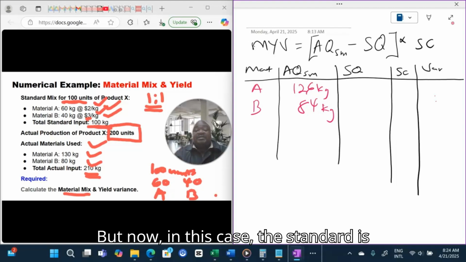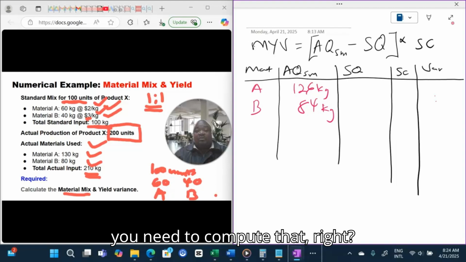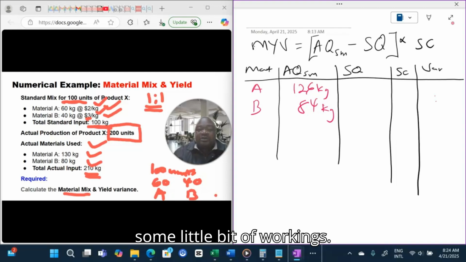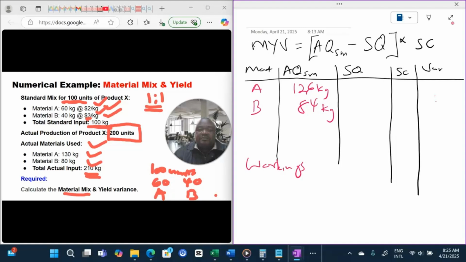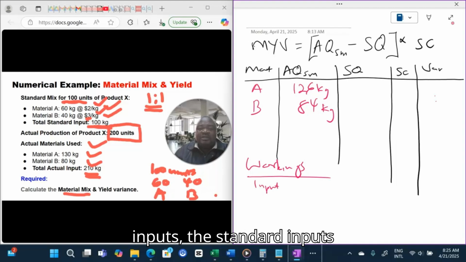But now, in this case, the standard is not given. All right. So you need to compute that. Right. And for you to do that, you need to do a little bit of workings. All right. So we want to know the standard inputs versus output.